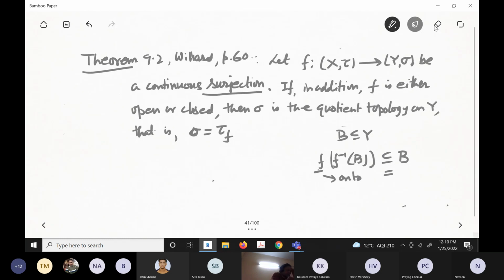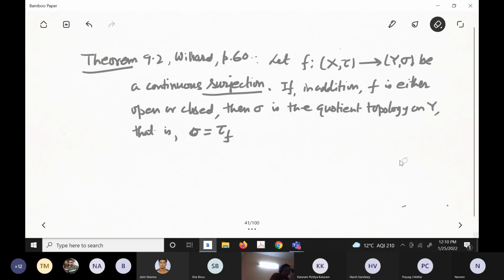Okay. Now the thing is, last time I told you something wrong actually, that I want to clarify. Look here in the example, 9.3 in Willard, page 16.